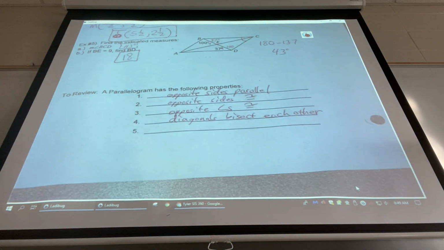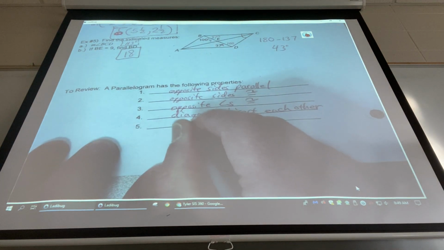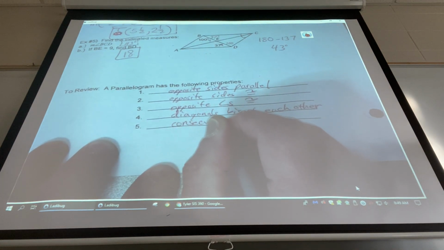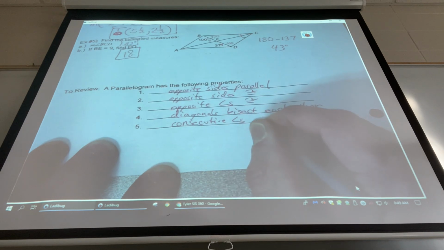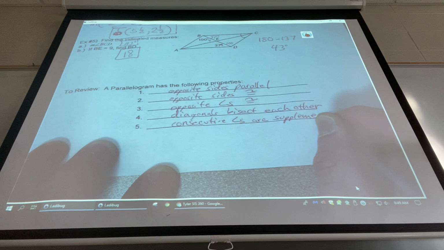Anything else? Consecutive angles are supplementary. Consecutive angles supplementary. Yep. There's a lot going on, isn't there?